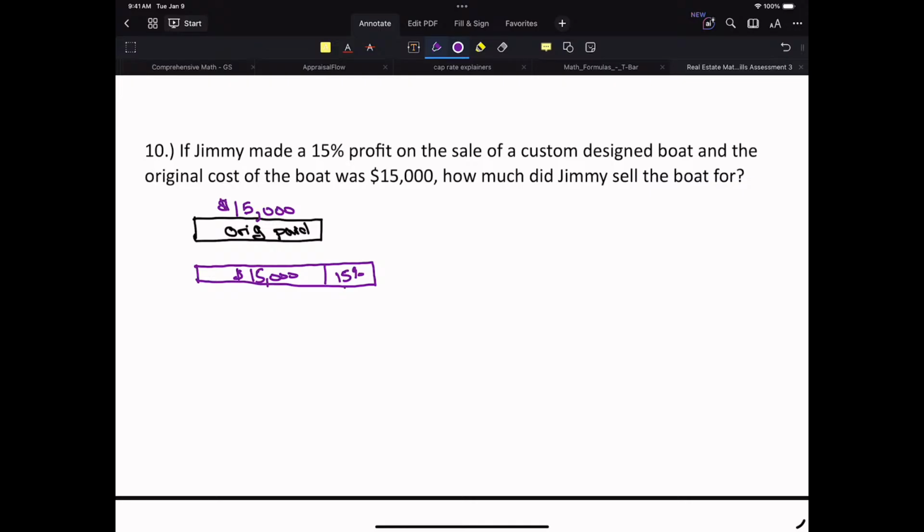So we got to find this 15%. How do I find 15% of $15,000? $15,000 times 15% is equal to $2,250.